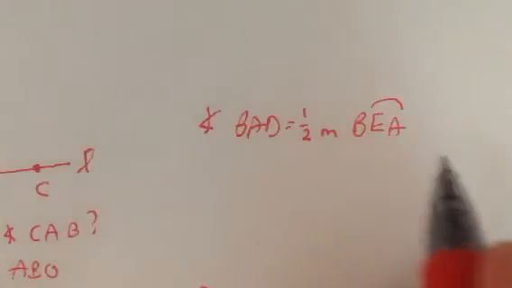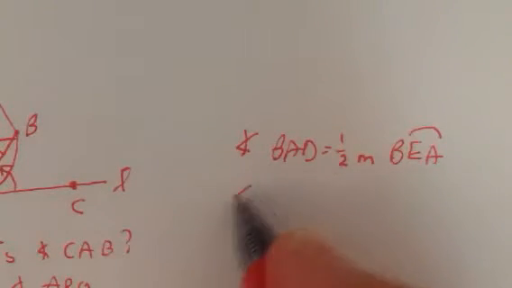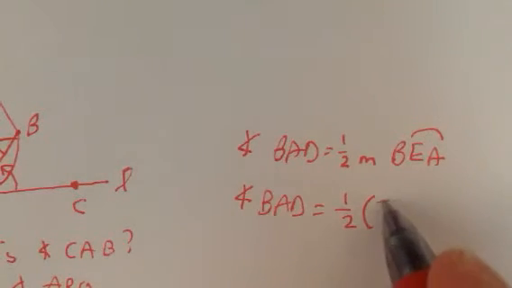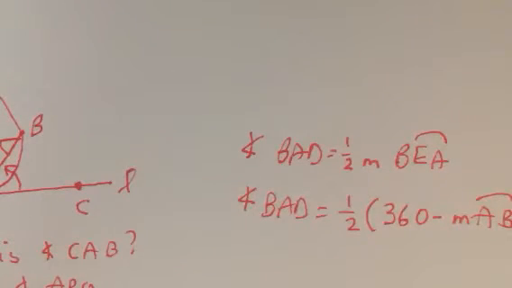So instead of measure of BEA, we can say that angle BAD is equal to 1/2 times 360 minus the measure of minor arc AB.